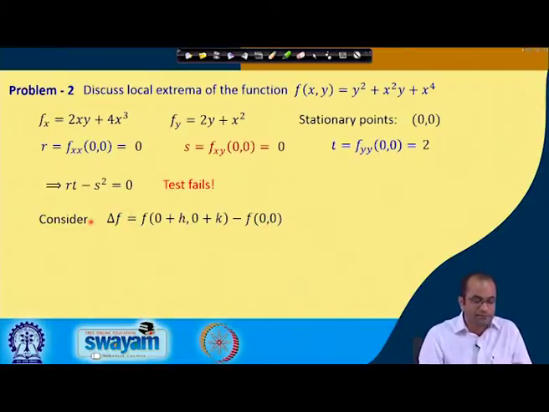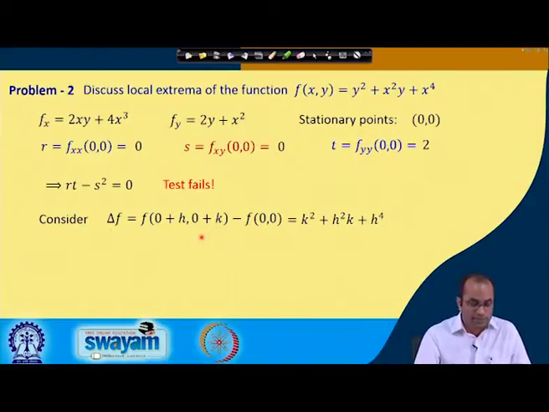If this delta f is positive in the neighborhood, then this is a point of local minimum naturally, and if it changes sign in the neighborhood of the (0, 0) point, then we will conclude that this is a saddle point. So, we will try here now to observe the sign of this delta f directly without going through the second order derivative test. In many cases this works, but sometimes it is difficult to realize the sign of delta f directly from the function.